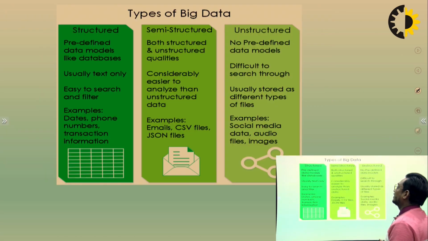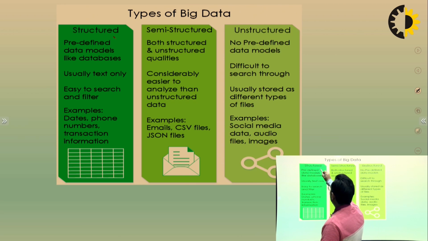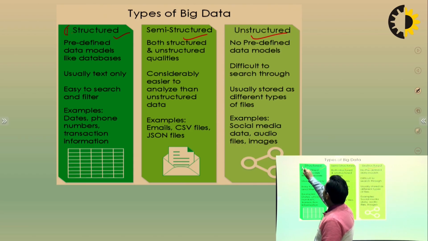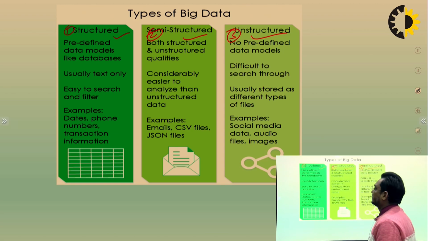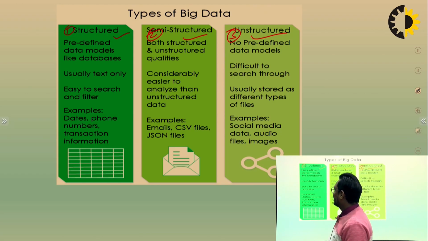Now, types of big data. Types of big data are also categorized into three categories. The first one is structured, the second is semi-structured, and the third is unstructured. Structured has predefined data models like a database, usually text only, easy to search and filter.